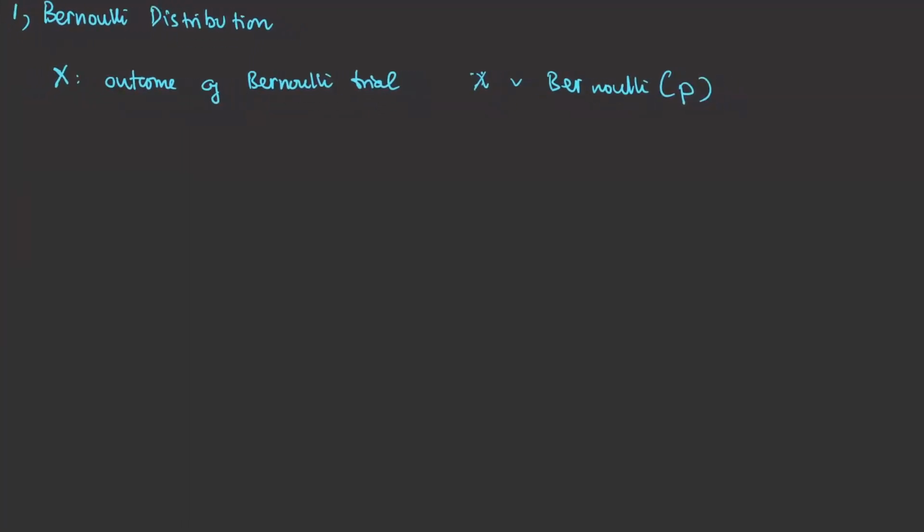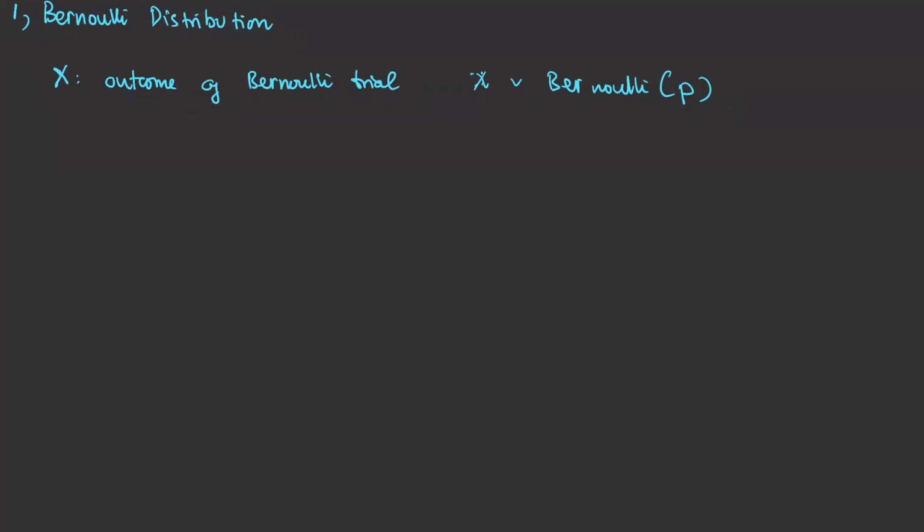What it means is in a Bernoulli trial, you have exactly 2 outcomes, success and failure. For example, when you toss a coin, there are exactly 2 outcomes, head or tail, and depending on what you want, you can define head as success and tail as failure, or vice versa.